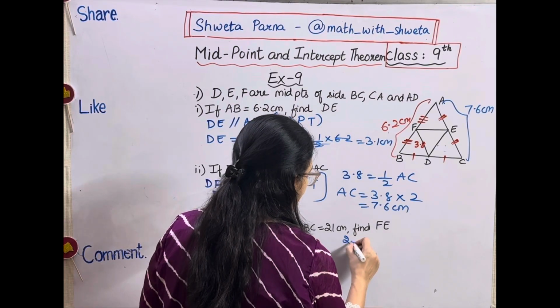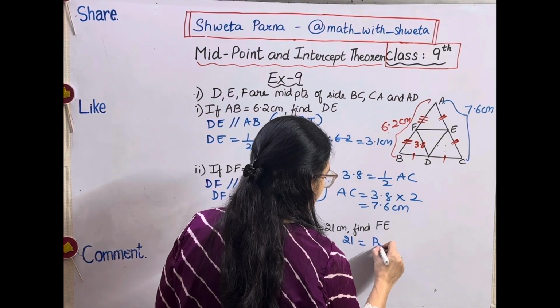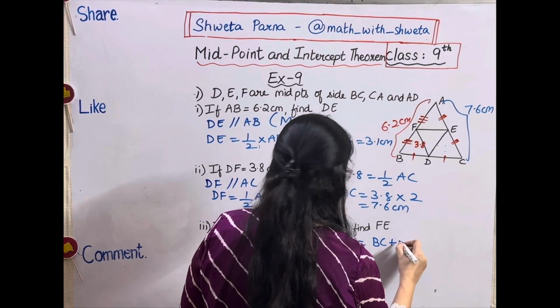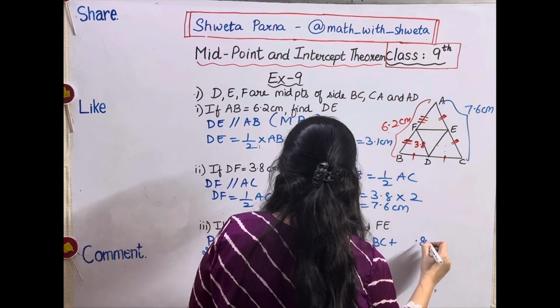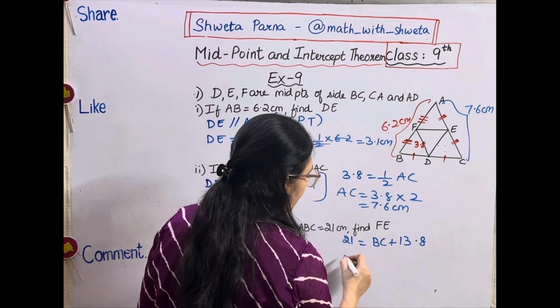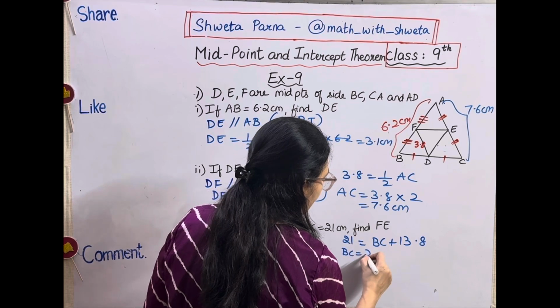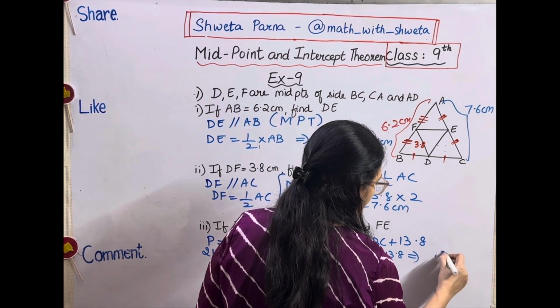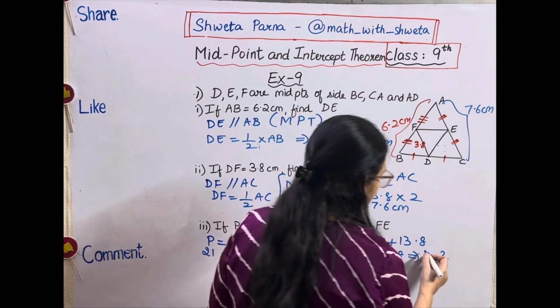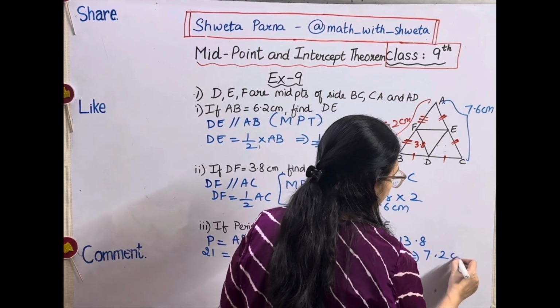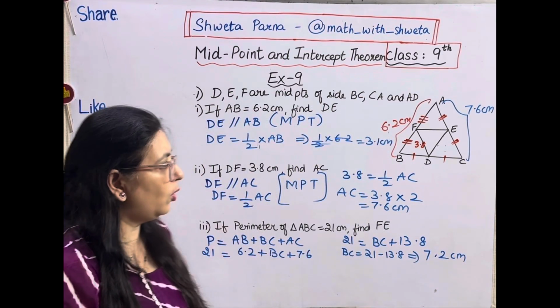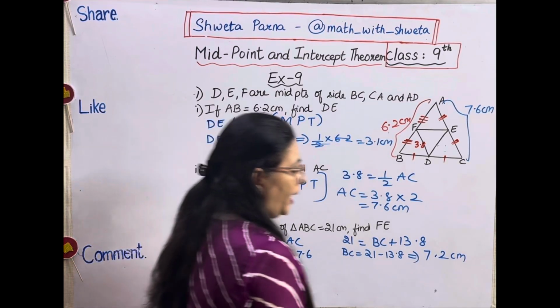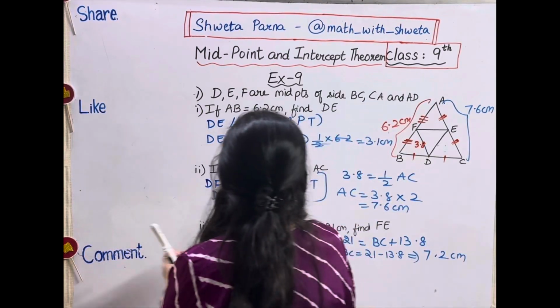So you will get 21 is equal to BC plus 13.8. So BC would be 21 minus 13.8, which is equal to 7.2 centimeter. Okay, now you have to find FE. Let's find FE.